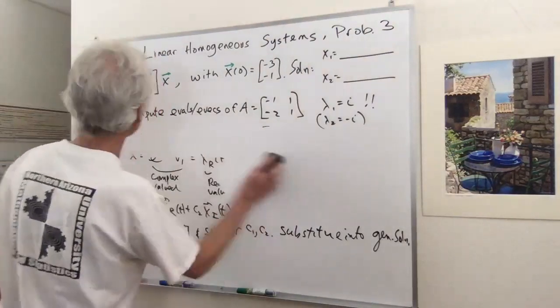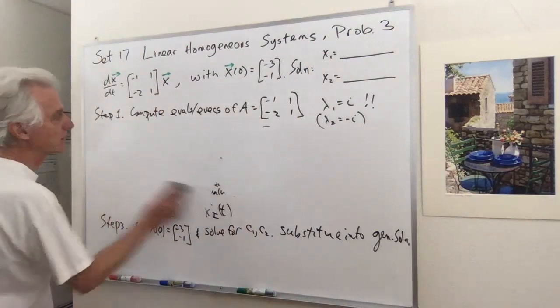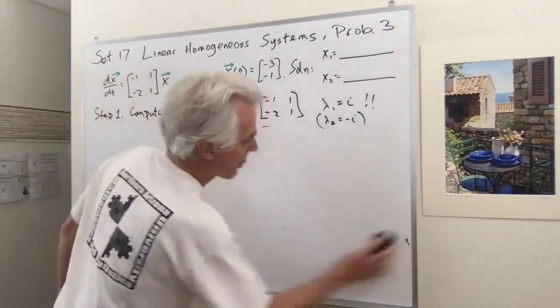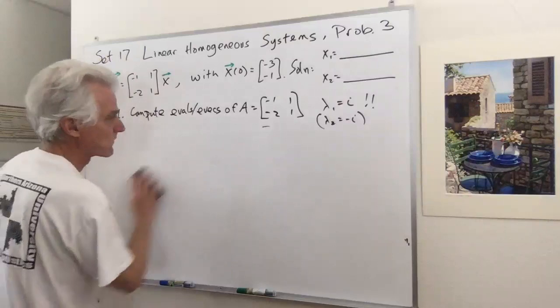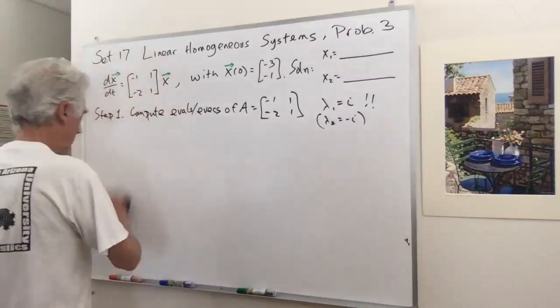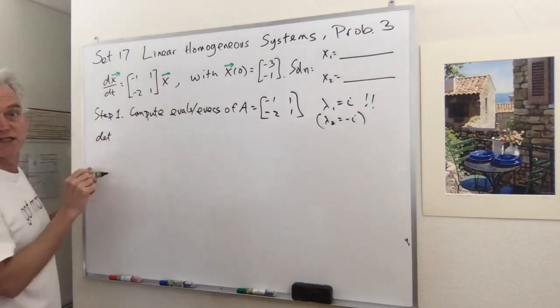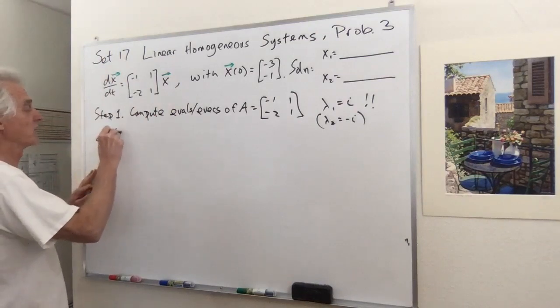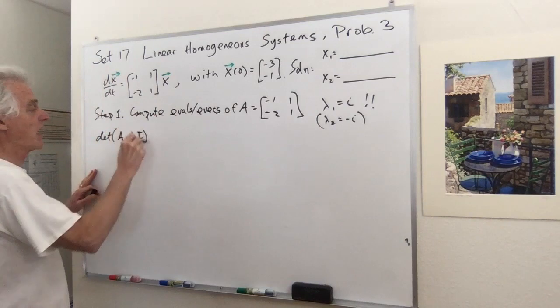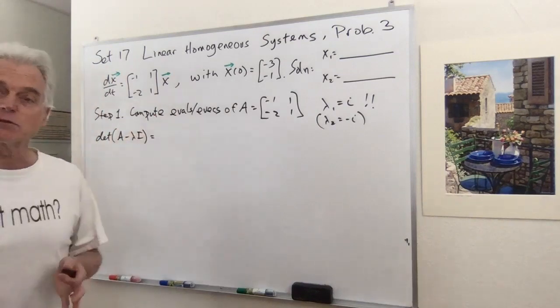So step 1, compute the eigenvalues. The characteristic equation is the determinant of A minus lambda I, and I'm going to set that equal to 0.